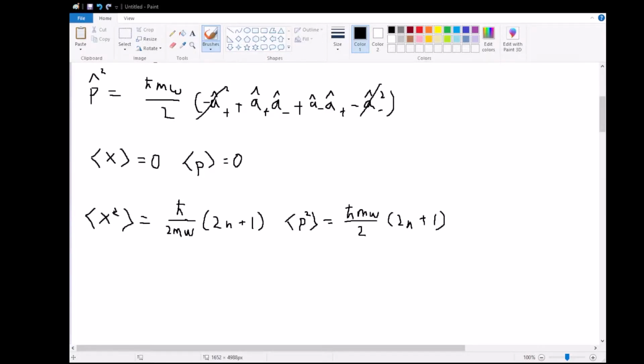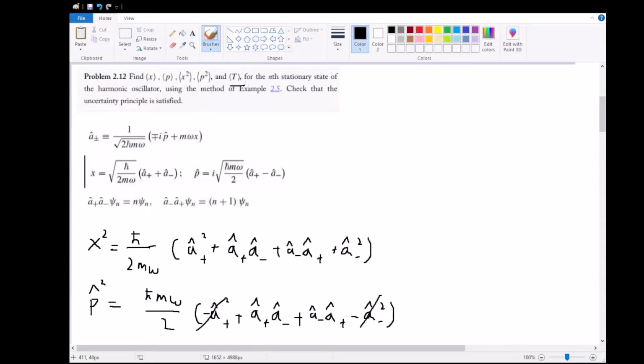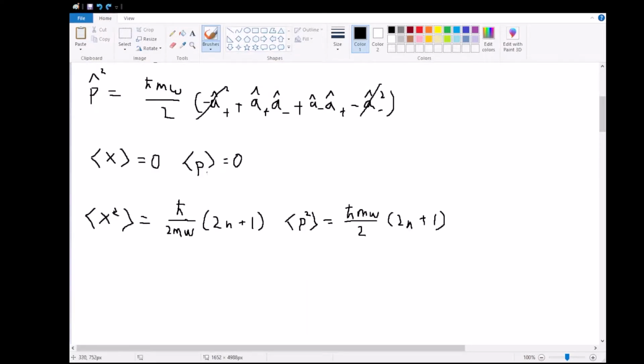Now that we have xp, x squared, and p squared, the only thing we still need is t. And we already know from the previous problem that we can express t in terms of the p operator, and the expectation value of t is just equal to 1 over 2m times the expectation value of p squared. Because p is equal to mass times velocity, or mass times velocity squared, apologies. So t can be expressed in terms of p instead of v.